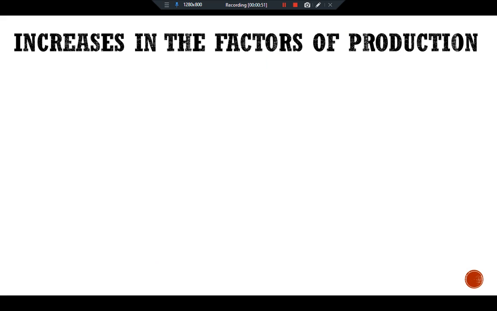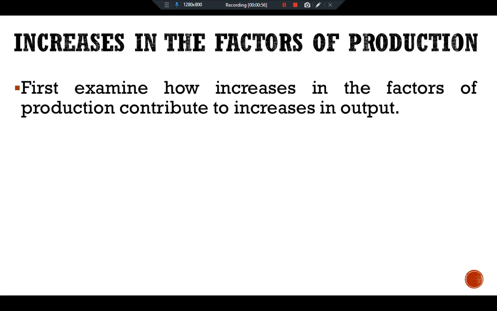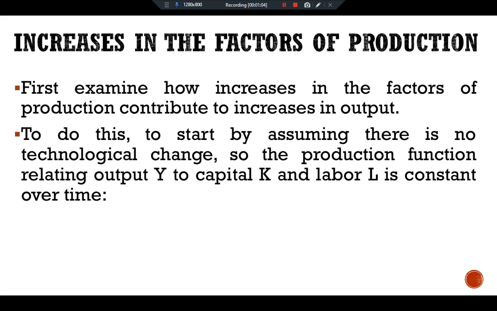Increases in the factors of production. First, examine how increases in the factors of production contribute to increases in output. To do this, we start by assuming there is no technological change, so the production function relating output Y to capital K and labor L is constant over time.